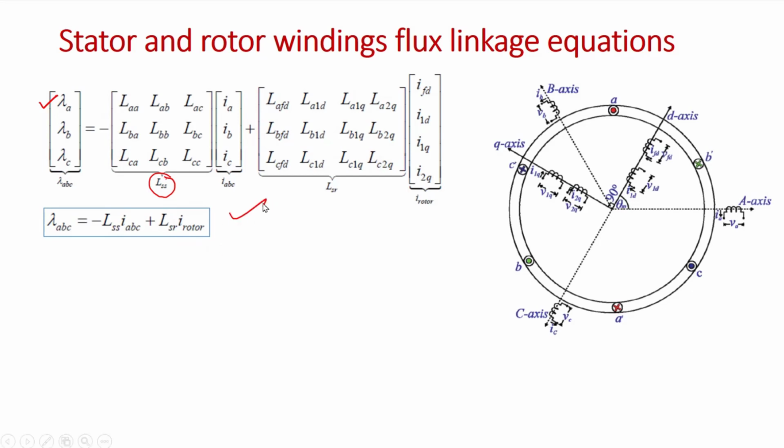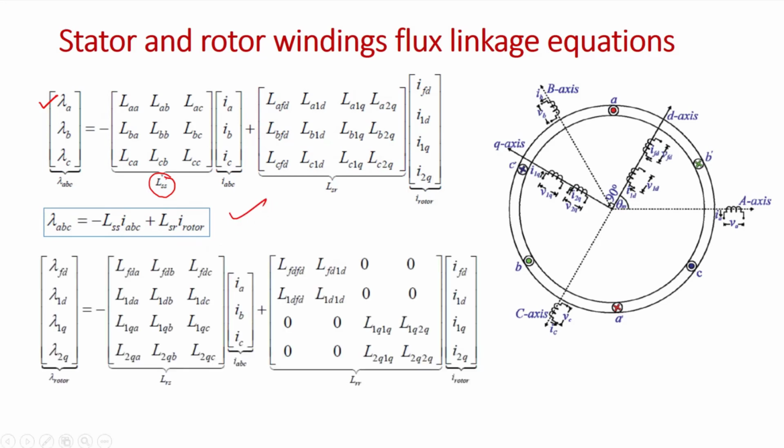Then I can write the flux linkage equation for the rotor circuit, in a similar fashion. First I'll write lambda FD, the flux linkage in the main field winding of the rotor.